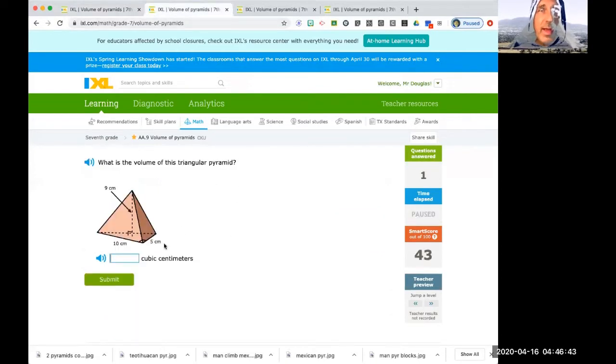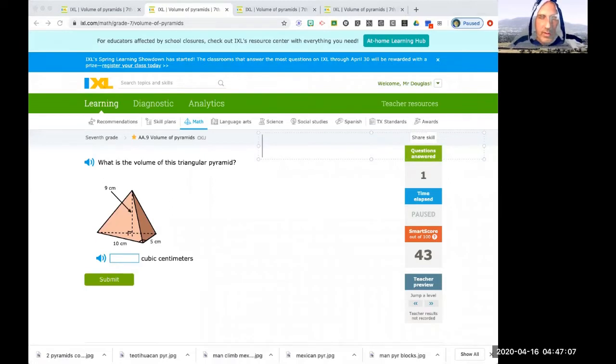Now it's a triangular pyramid because the base or bottom is a triangle, okay? Now, notice it's a right angle triangle. So that means I could count one of these as the height and one as the base, okay? All right, let me get my text box. I'm going to write the formula here.